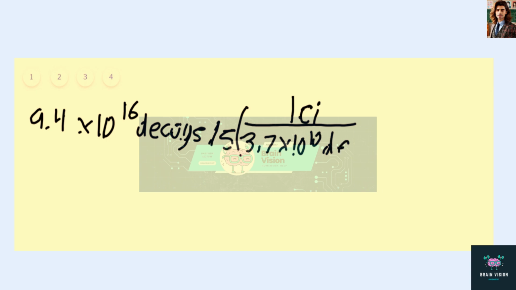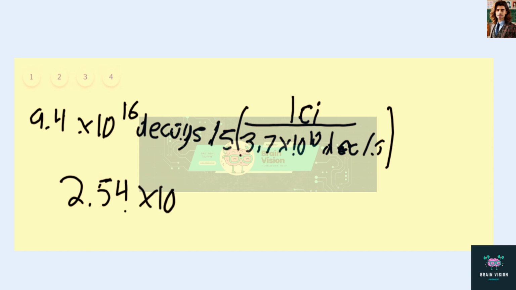I'm just going to put DEC. All right, and divide that out, and we get 2.54 times 10 to the 6th curies. And that is your answer for part B.